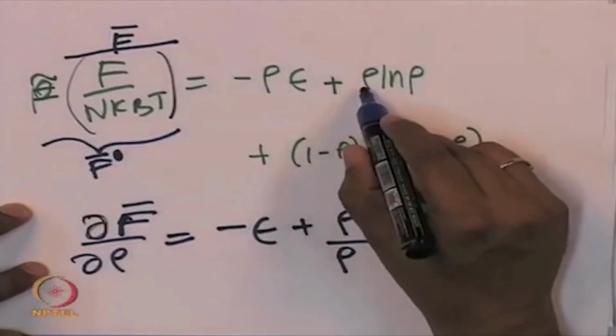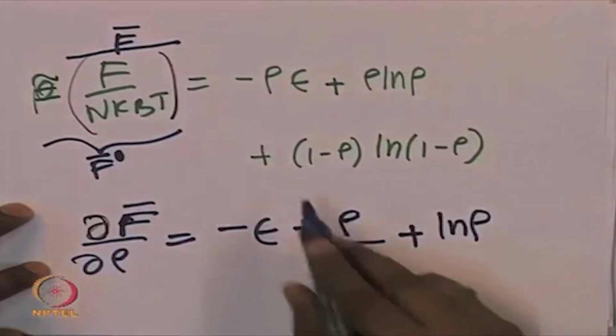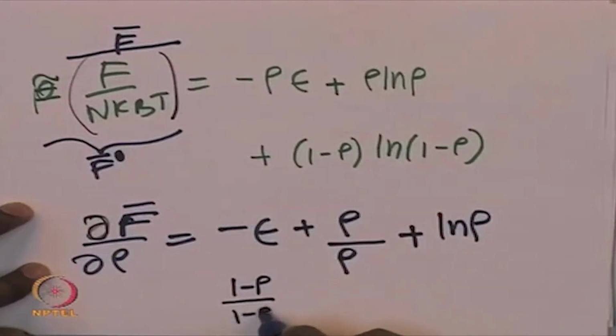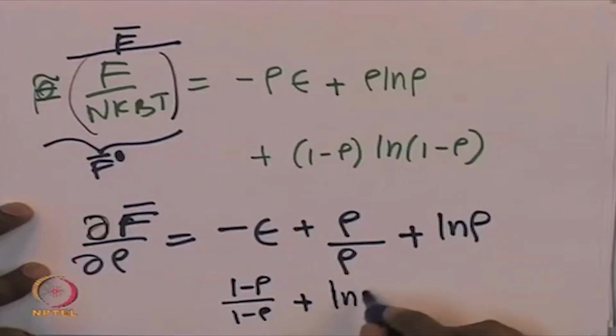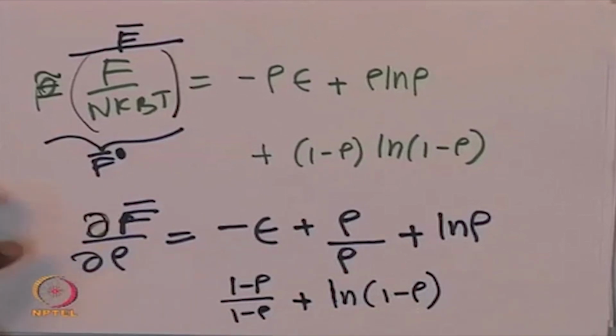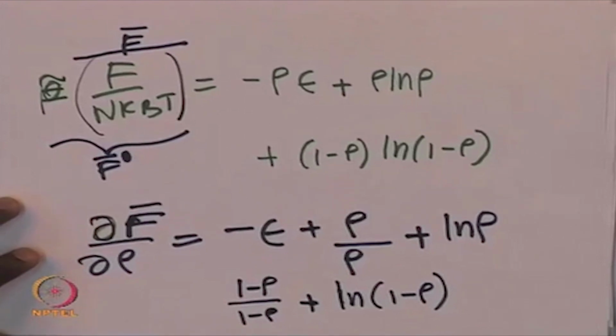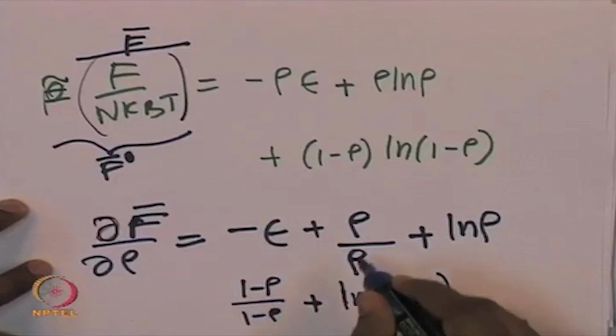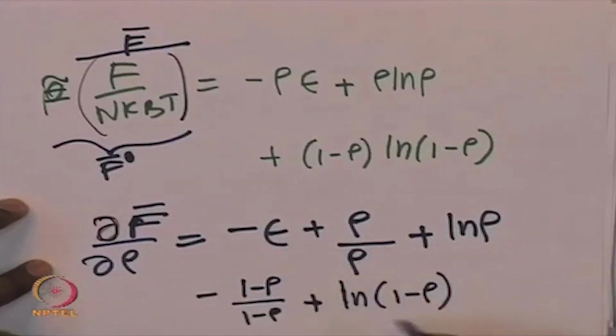Similarly here you will have 1 minus rho by 1 minus rho plus log 1 minus rho. And there is a minus sign here, because we are taking the derivative with respect to rho.